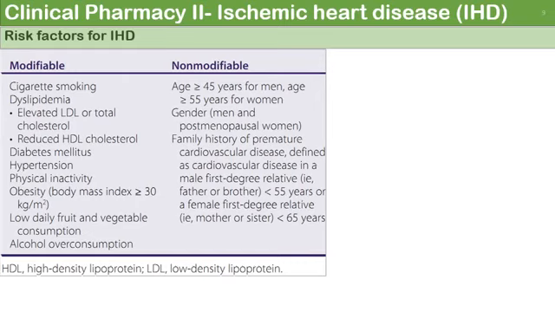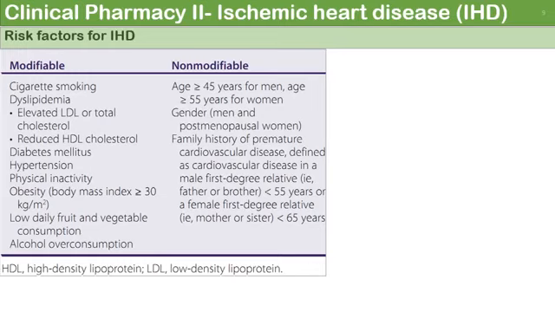While non-modifiable risk factors include age. Age, especially for males more than 45 years old, the incidence increases. Also, women who are postmenopausal, more than 55 years old, have a higher risk for ischemic heart disease.